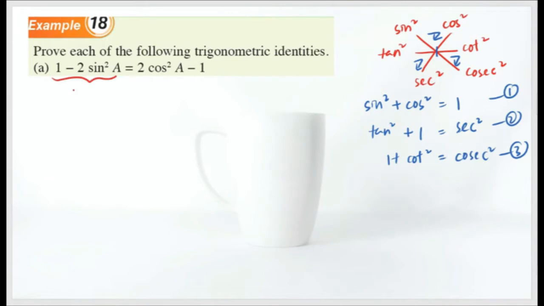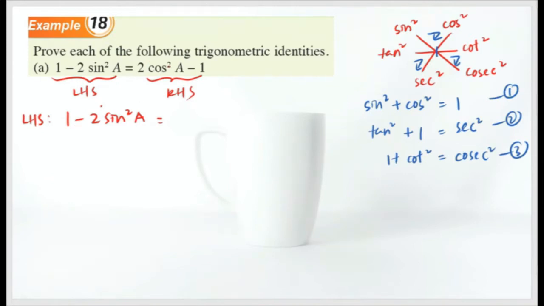So now we go to example 18a. This is the right hand side. So we can start by proving from the left hand side: 1 minus 2 sine square a. We have to prove until it equals the right hand side. You see the right hand side has cos square, right?